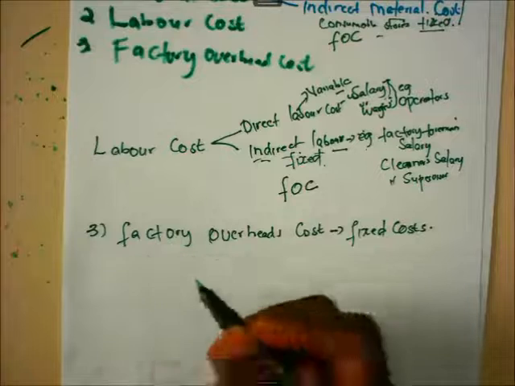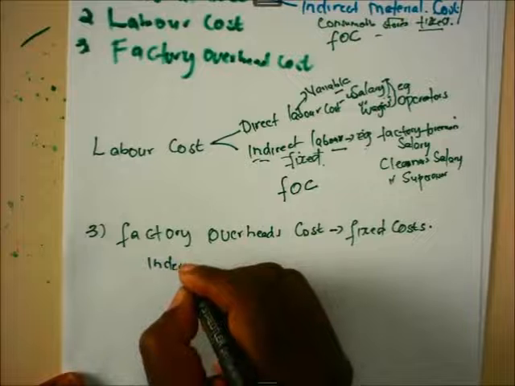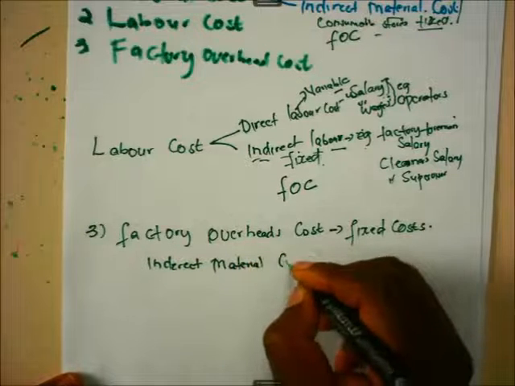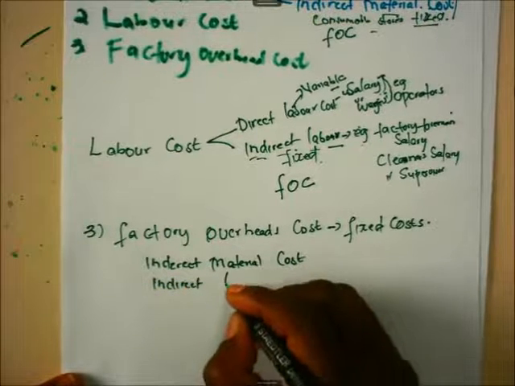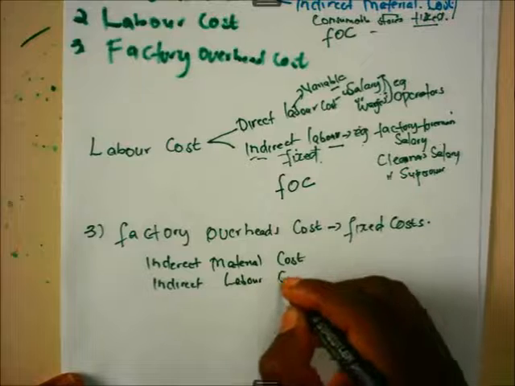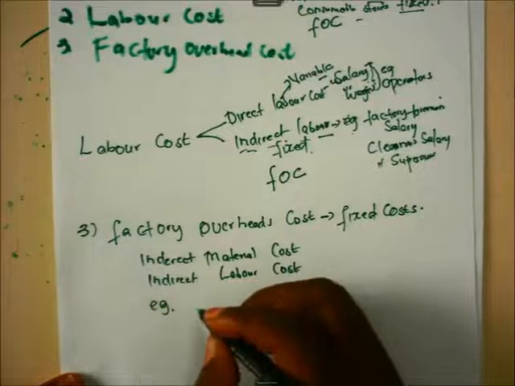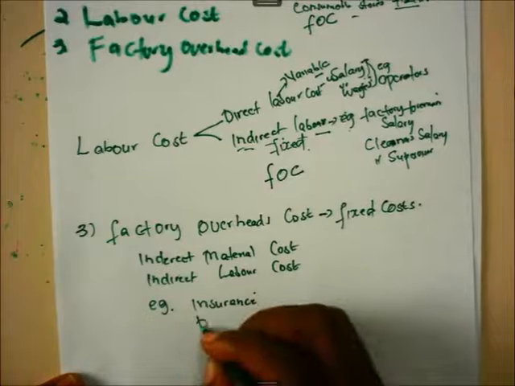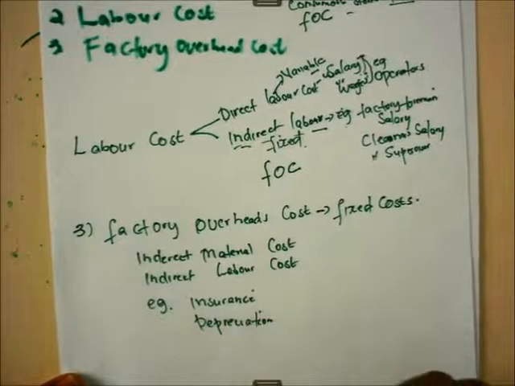So in this cost, we are going to record the indirect material cost, indirect labor cost, with other factory overhead costs. For instance, factory insurance, depreciation of the factory machines, etc.